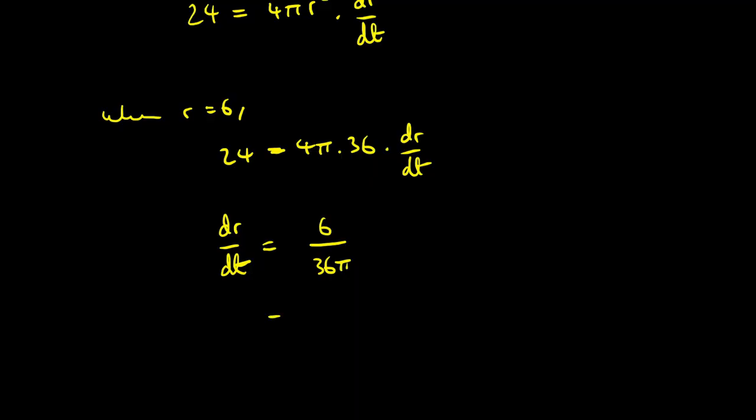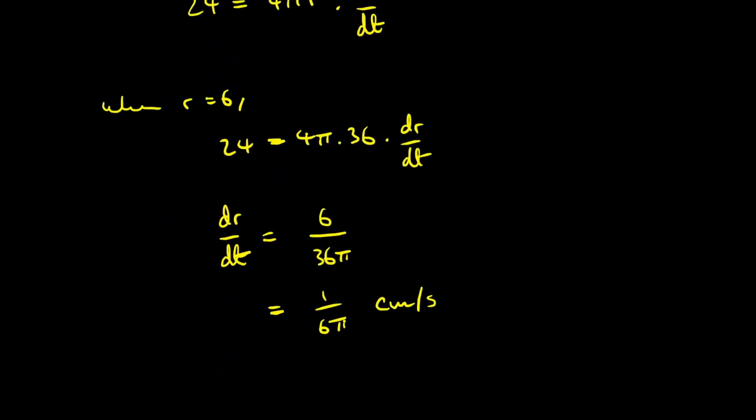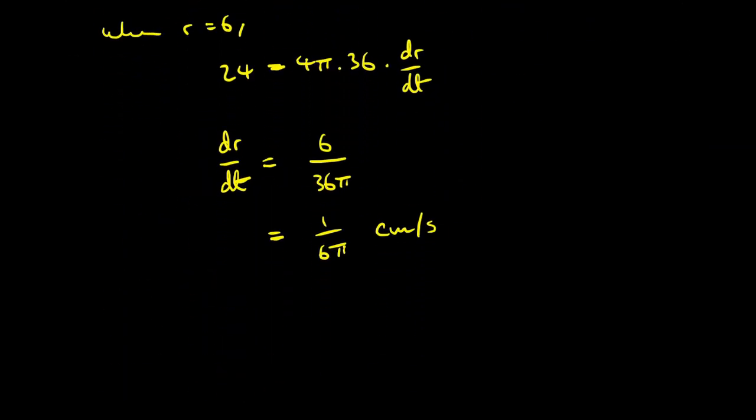If we cancel that down, that gives us 1 over 6 pi. The units for that will be centimeters per second. Going back up to the question, maybe we want this in decimals, in which case we key this into our calculator, and that gives 0.0531 to 3 significant figures.